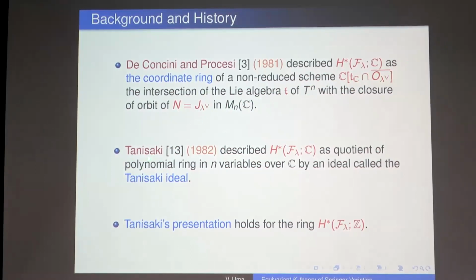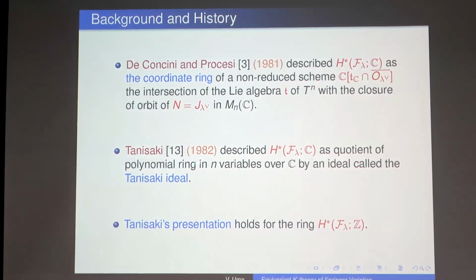And Tanisaki has described the cohomology ring with complex coefficients of the Springer variety as a quotient of the polynomial ring in n variables over C by an ideal of relations. They are known as the Tanisaki ideal.